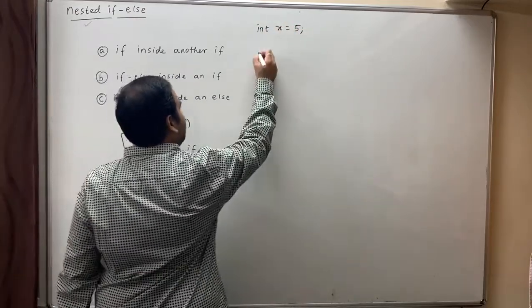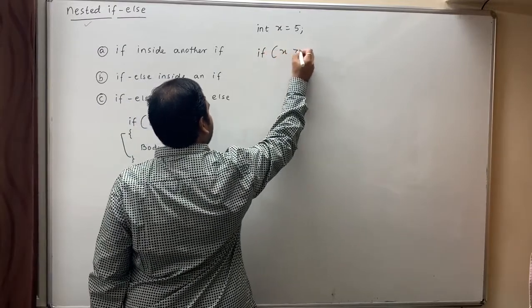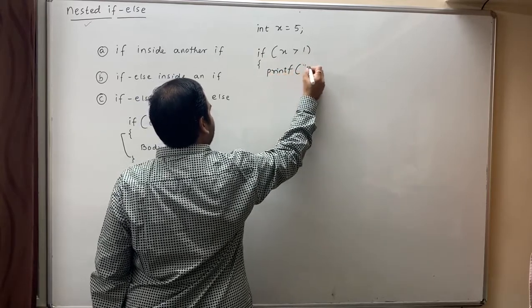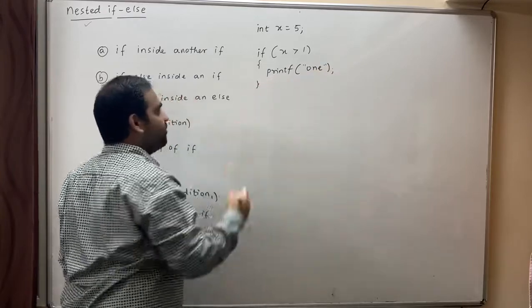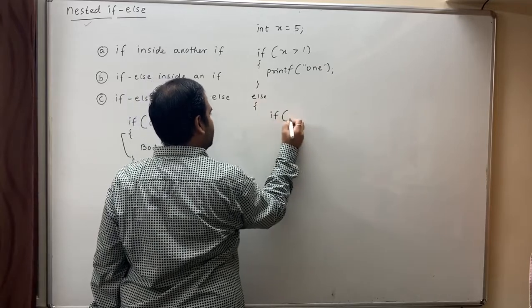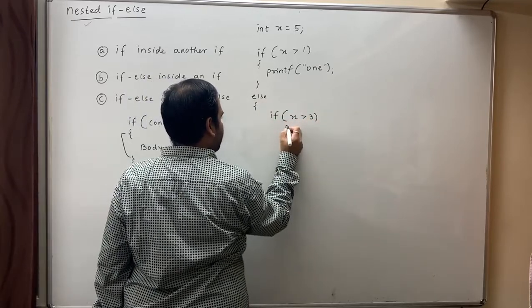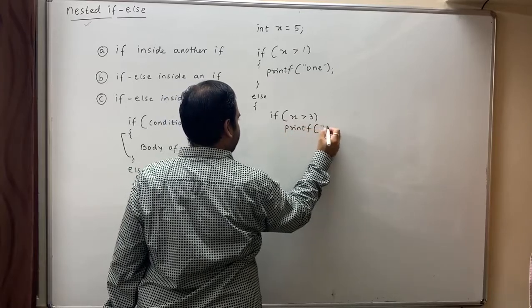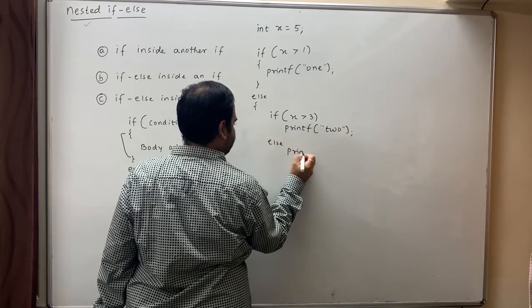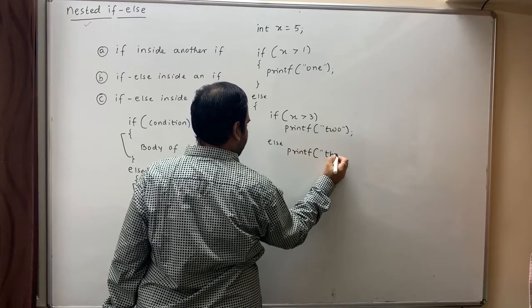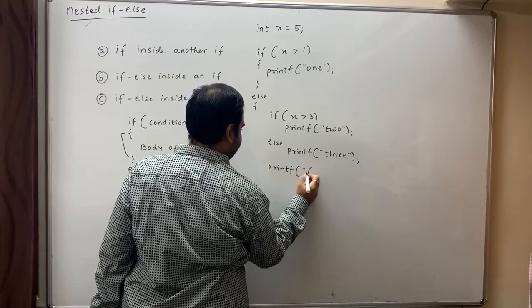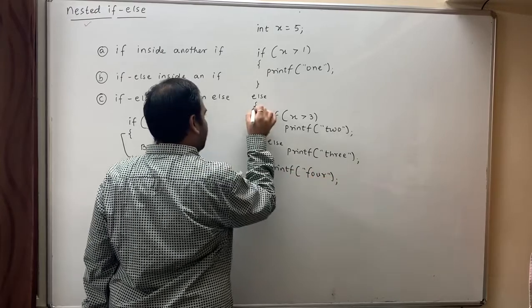Now, what do I write over here? I say if x is greater than 1, and here I write printf 1, and this is the end of if, and we write over here else if x is greater than 3, here I say printf 2, else printf 3, and here I say printf 4, and this is the end of else.